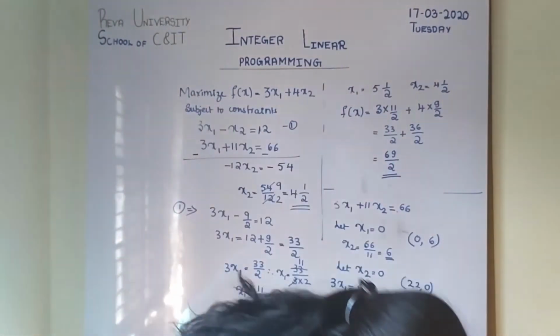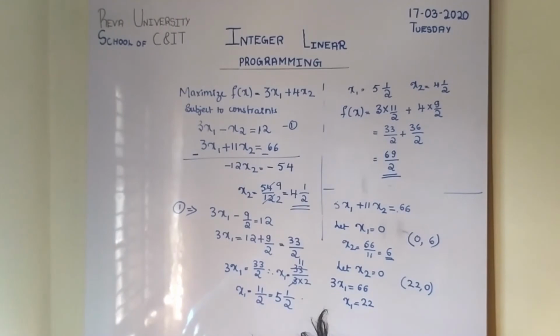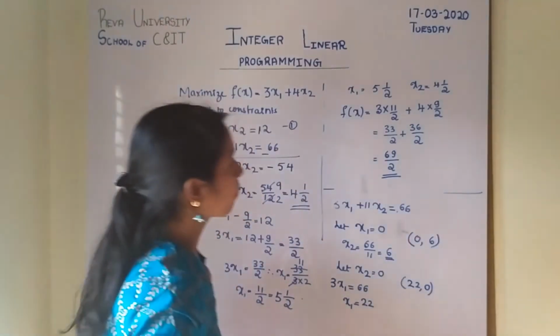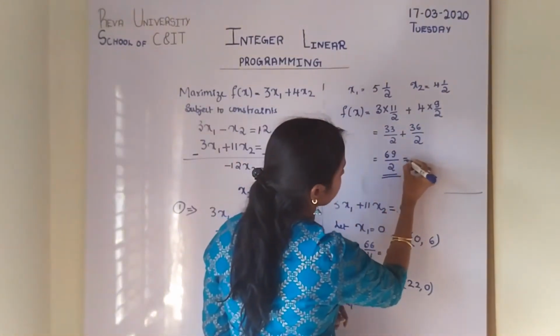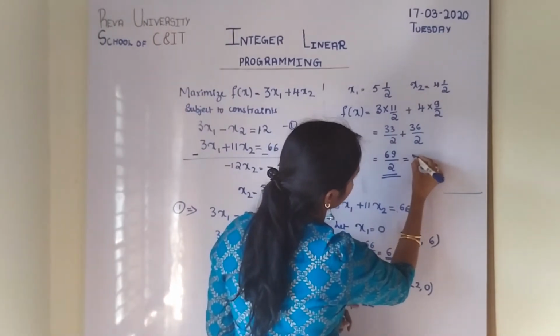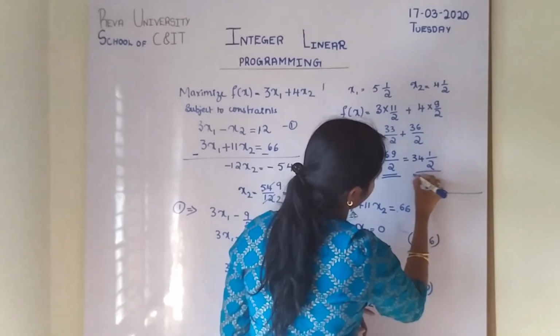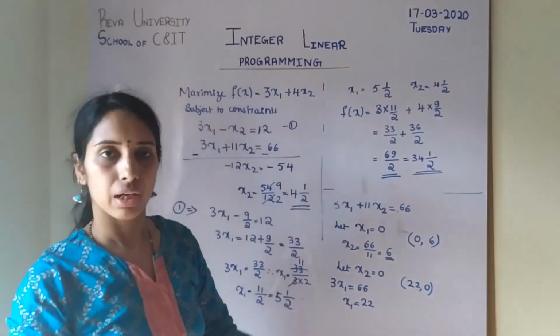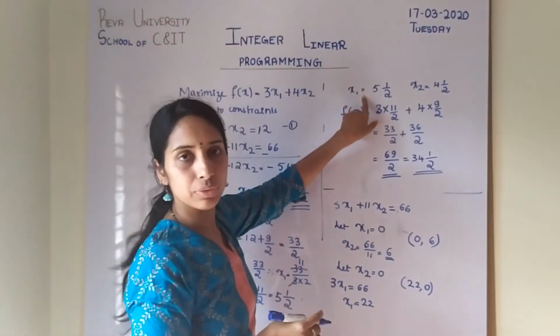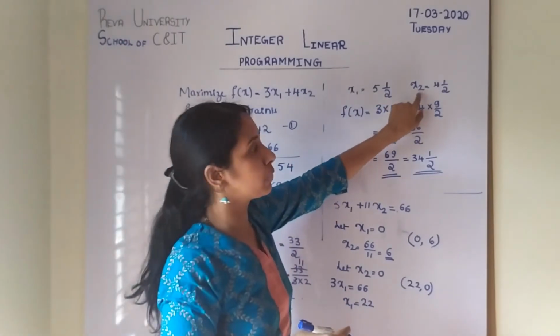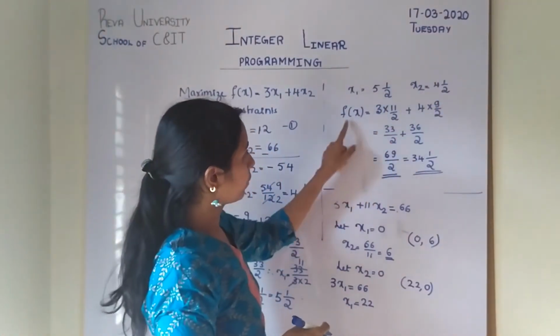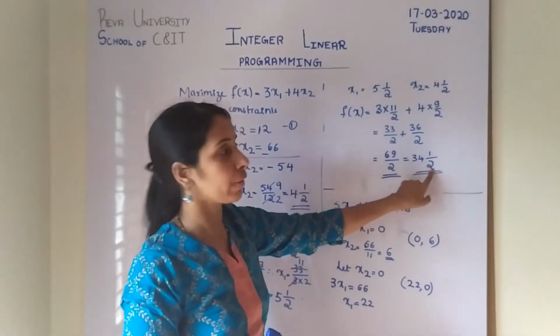Correct? Represented as 2 4s are 8, remaining one, 34 and half. Now, if you observe, x1 is 5 and half, x2 is 4 and half and your objective function is 34 and half.